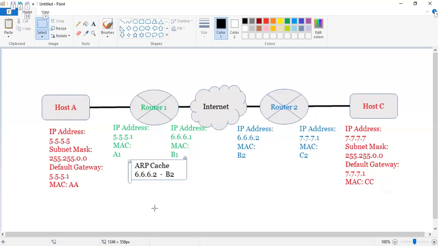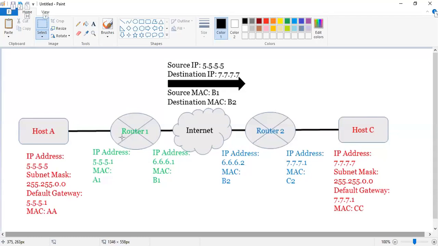With this information, now you can build a new set of addresses, correct? What is the source, what is the destination, what is the source MAC and what is the destination MAC? That particular information you are going to build again.